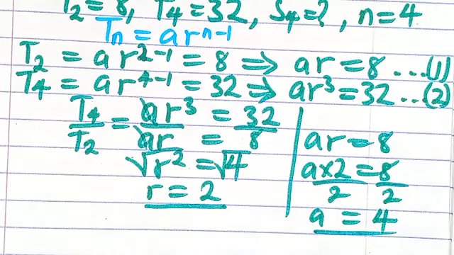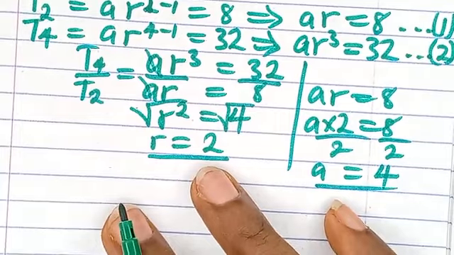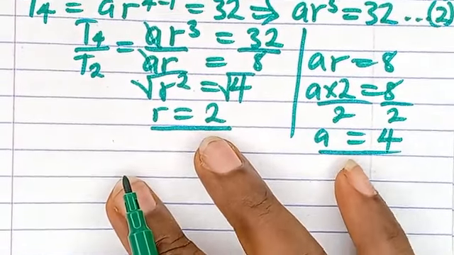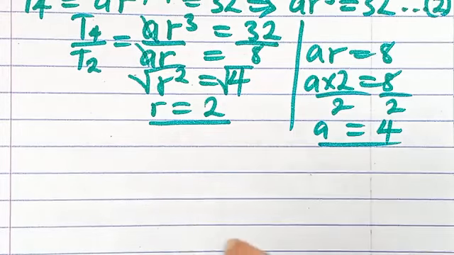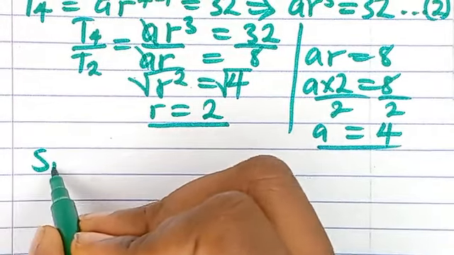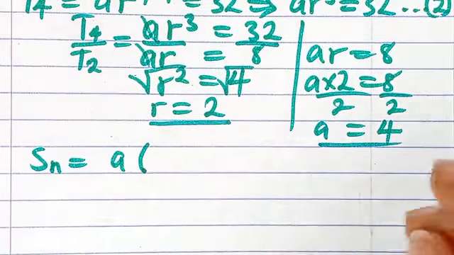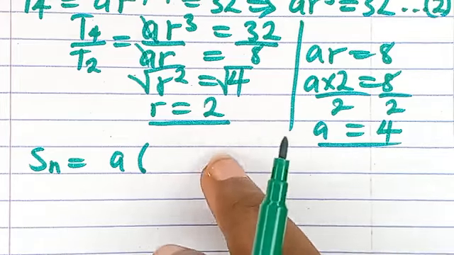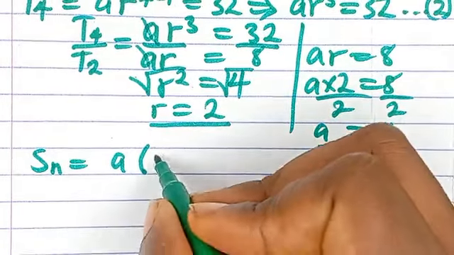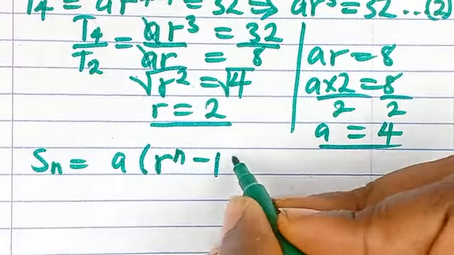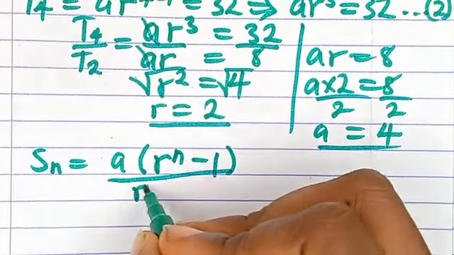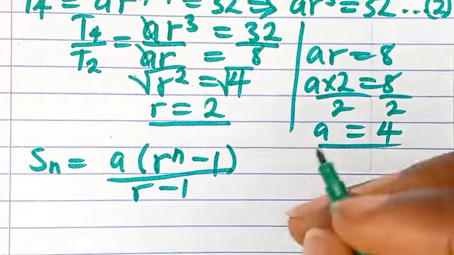Now, having settled all this, we remember the formula for the sum of the terms of a GP. Sn is equal to A into, now we look at R. R is 2, which is greater than 1, so R raised to power n has to subtract 1, over R minus 1.